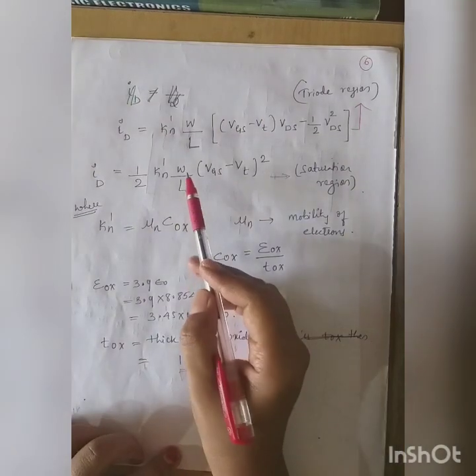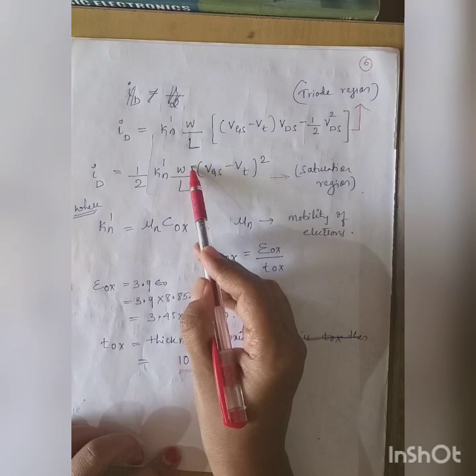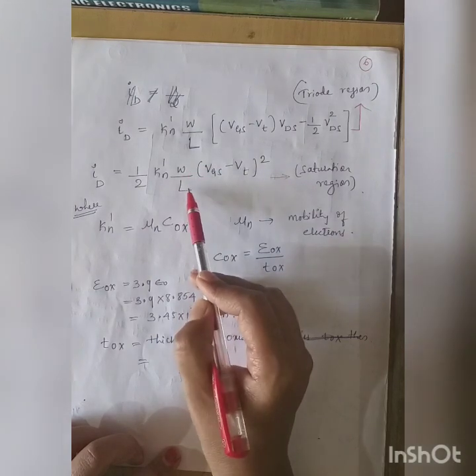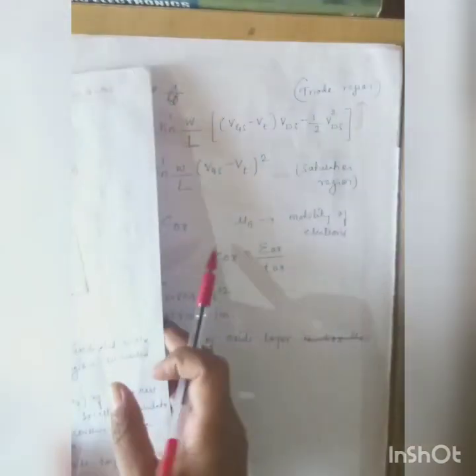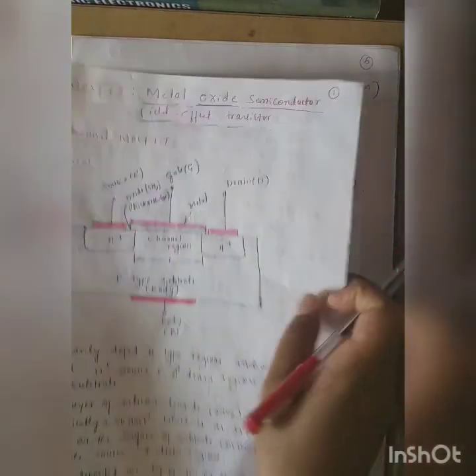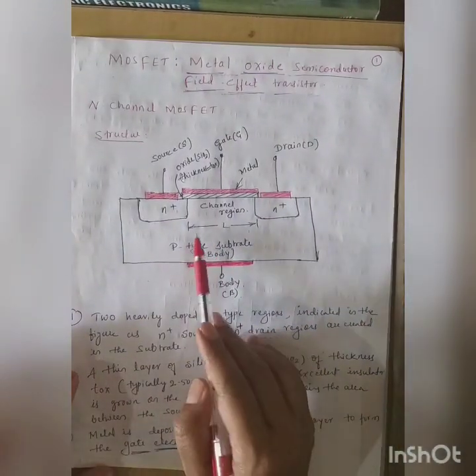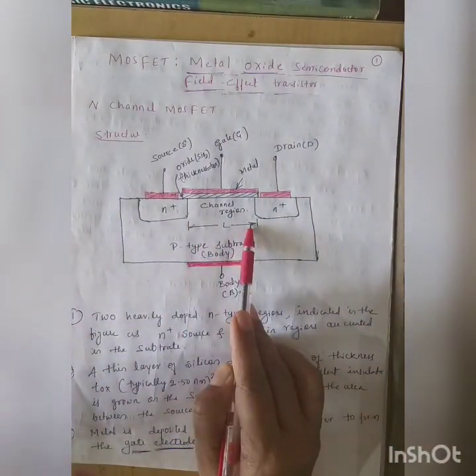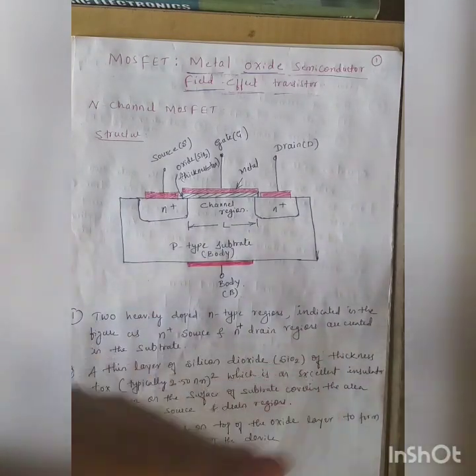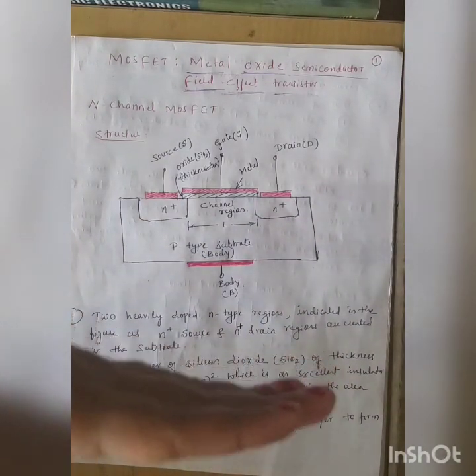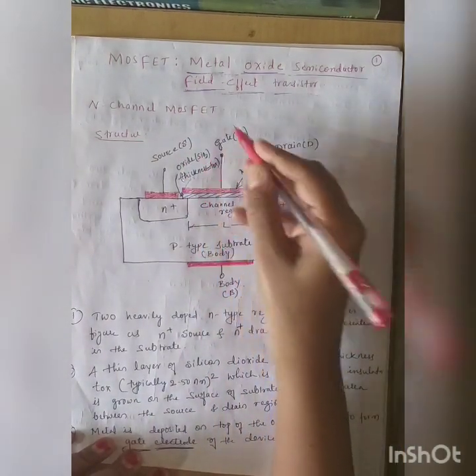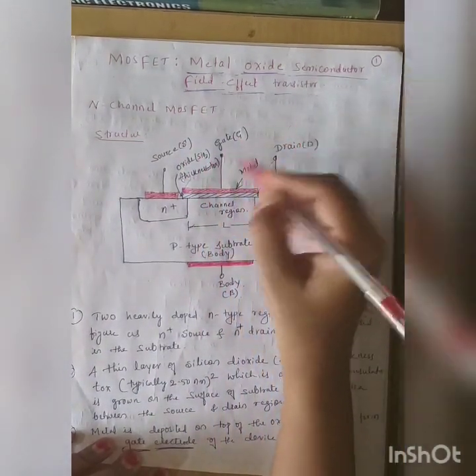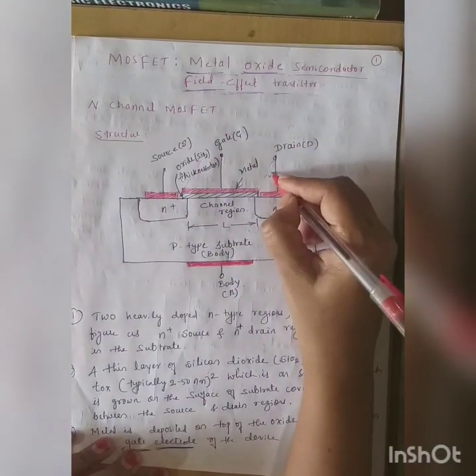W is called the width of that silicon dioxide material, L is the length. See this diagram we are seeing: the length is this. It also has a surface like this, which denotes the width of the material.